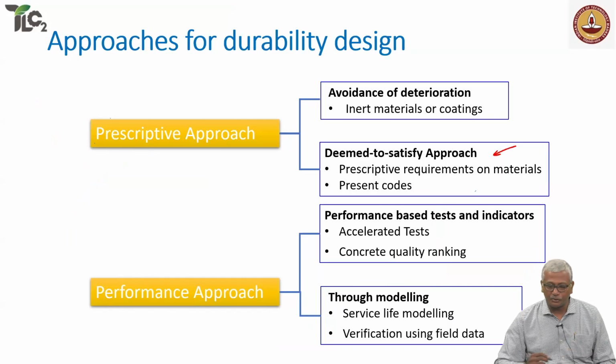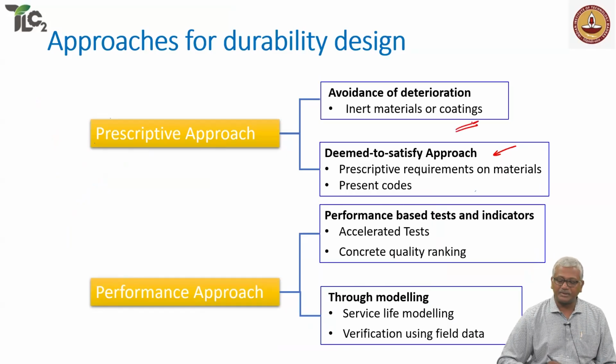There's another approach, of course, which is an expensive approach, where we use inert materials which will not react. For example, instead of reinforcing steel, we use stainless steel. Right? We know that stainless steel is going to be stable for a much longer time. It takes a lot for stainless steel to corrode, either with chlorides or carbonation. But then you know very well that stainless steel is an option that is extremely expensive, right?